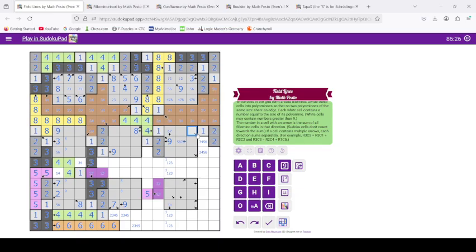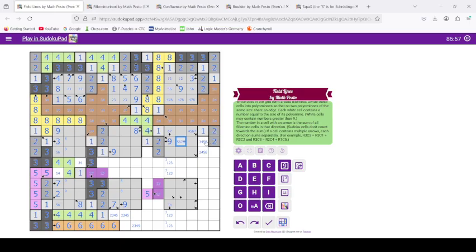This is at least a 4. 4, 5, 6, 7. This one cannot be a 6.